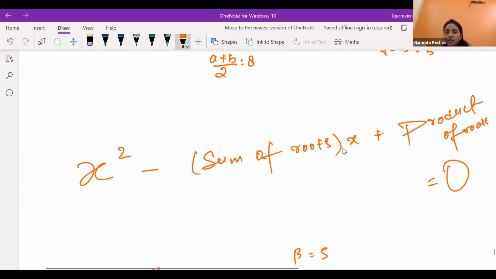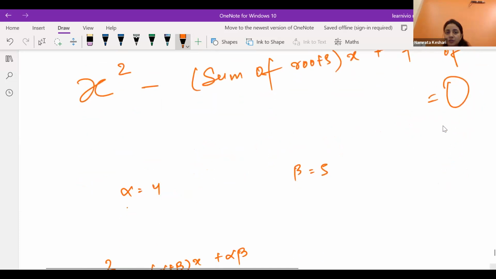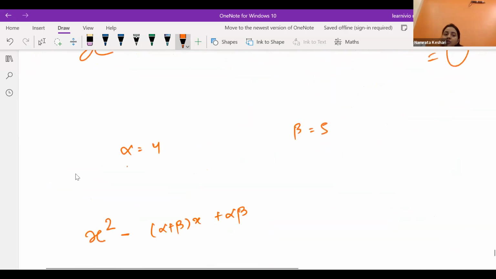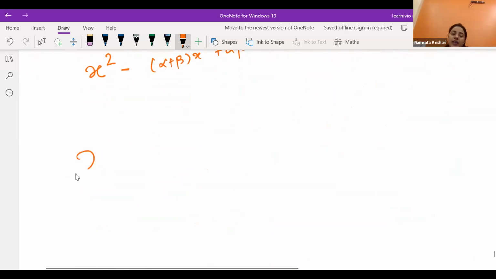I have written in a statement form: sum of the root, product of the root. Okay, so roots we are having in hand, 16 and 25. Let's try making the quadratic form. So x square minus sum. Alina, first confirm you are also getting 16 and 25, because I have not checked.